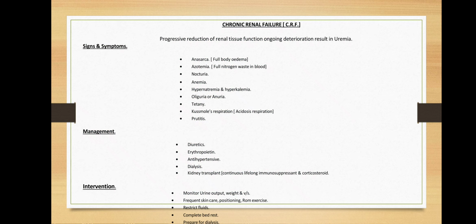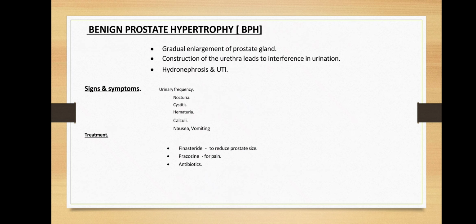Management: diuretics, erythropoietin, antihypertensives, dialysis, kidney transplant. Continuous long-term immunosuppressants we will give to the patient. Interventions: monitor the intake output, weight of the patient, vital signs, frequent skin care, positioning, range of motion exercise, strict IV fluids, complete bed rest and prepare for dialysis.